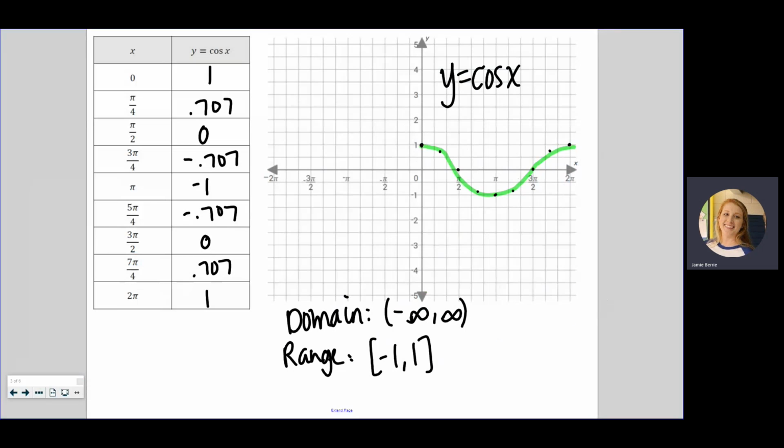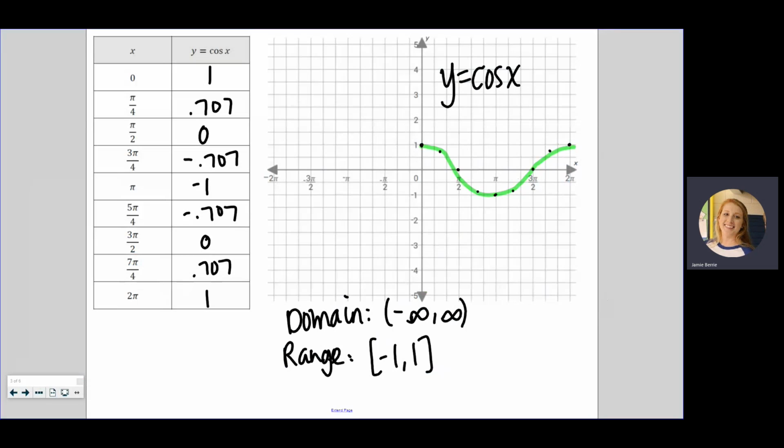So sine and cosine have the same domain and range. All right, so that's kind of nice because we only have one thing to remember. You don't have a bunch of different stuff to remember for both of those graphs. Just know that they both have the same domain and range, that their domain is all real numbers, and that they both have a range of -1 to 1.